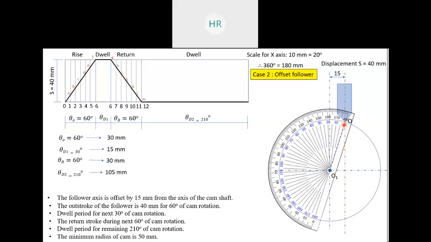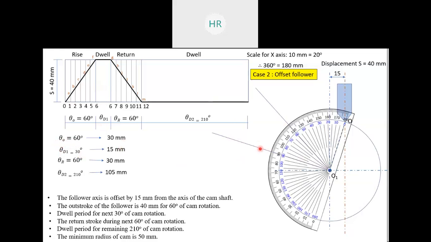we will mark the angles, that is 60 degrees for theta 0, the rise angle or angle of ascent. Then from this line at 30 degrees, meaning 60 plus 30 is 90, we draw another line representing the dwell angle. It is given that theta d1 is 30 degrees.